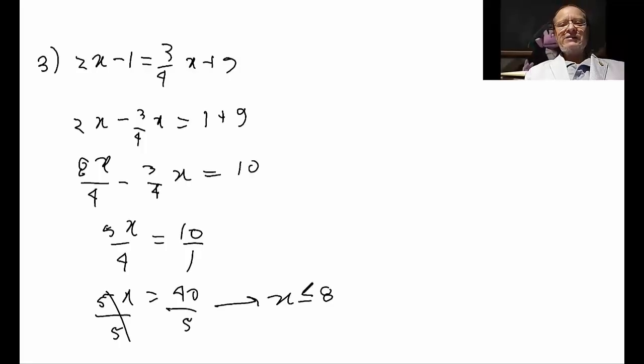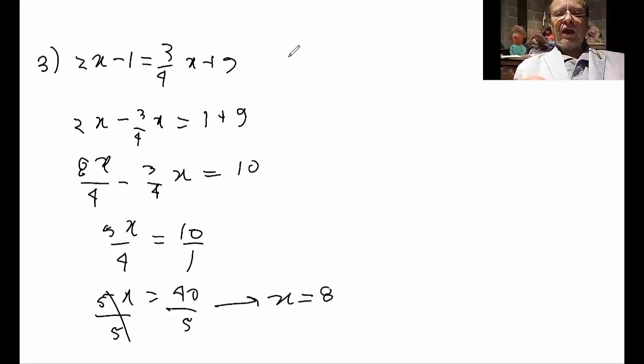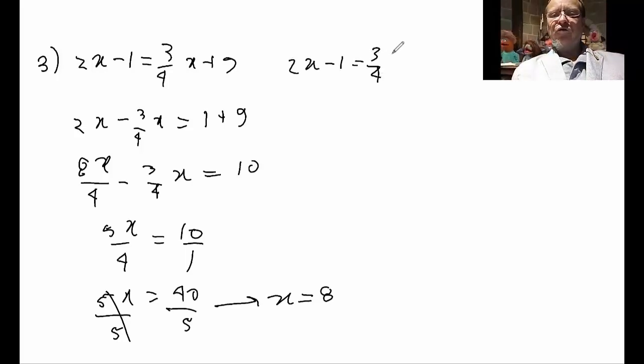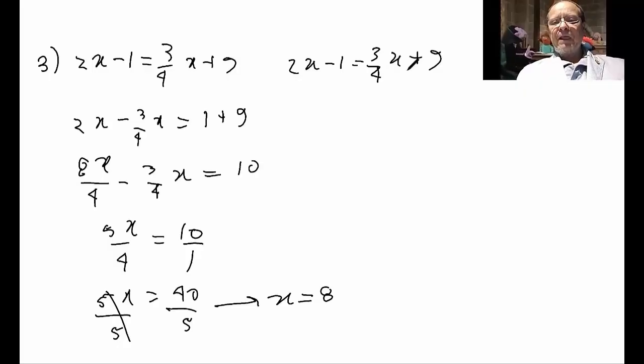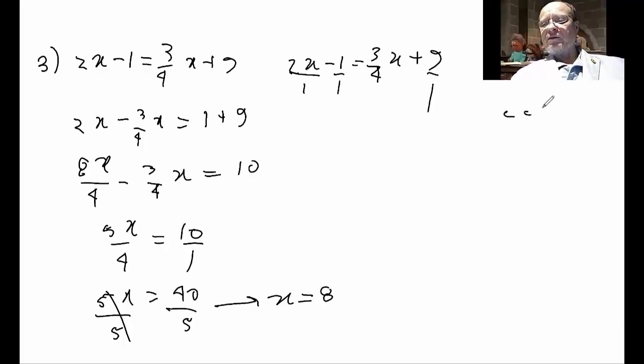But again, as I said, by clearing the denominator, you can avoid all this fraction stuff. So let's do it by clearing the denominator. Well, we have 2x minus 1 is equal to 3 over 4x plus 9. I'll put a 1 here, a 1 here, and a 1 here. And we find the lowest common denominator is equal to 4.